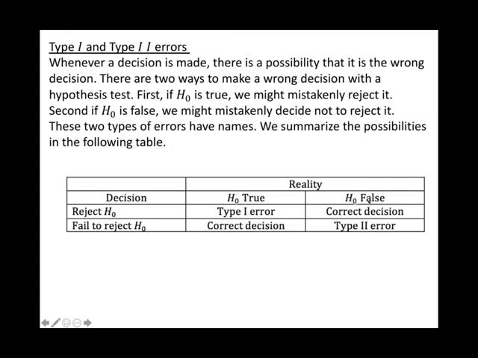Or if the null hypothesis is false, so we're supposed to reject it, but we fail to reject the null hypothesis, we call this the type 2 error. Okay, or we may make the correct decision. If this is false, we reject it, so this is a correct decision. Or if this is true, we fail to reject, so this is also the correct decision.